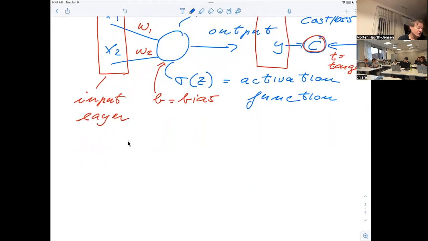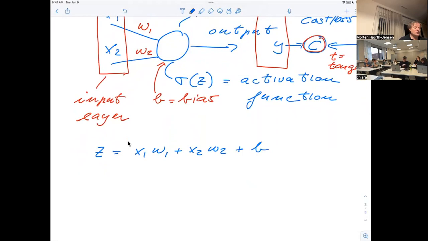Now, this simple model here is something which we can rewrite in terms of the different variables. So this function z, which is the input to sigma, is now going to be given by x1 times w1 plus x2 times w2 plus this variable b here.